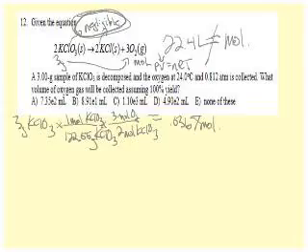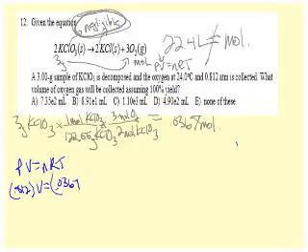And then if I want to figure out the volume of gas, PV equals nRT. So my pressure is 0.812 atmospheres, a good R unit. My volume is what I'm solving for. My moles would be 0.0367, which is what I just calculated.